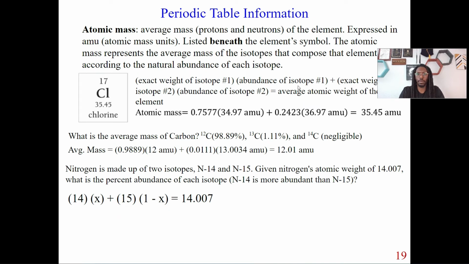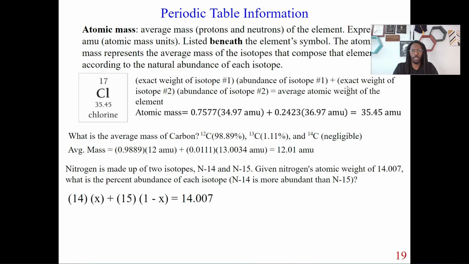We do not know the abundance of isotope 1, so this is the reason why we have a variable of x, plus the exact weight of isotope 2, 15, and then this is a key hint. Nitrogen 14 is more abundant than nitrogen 15, and because of this, we have to set up this problem where it's going to be 1 minus x.